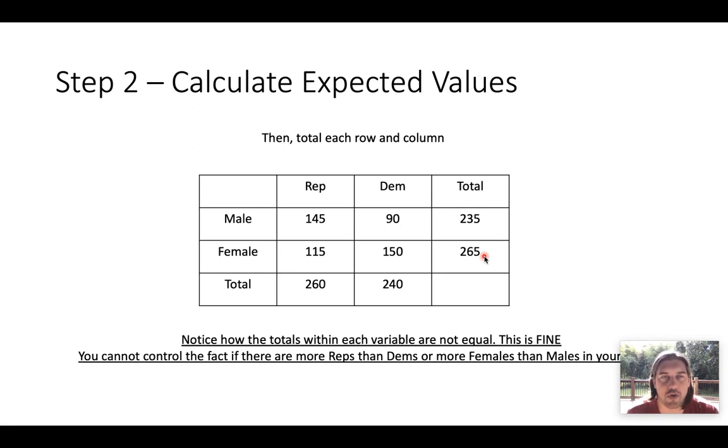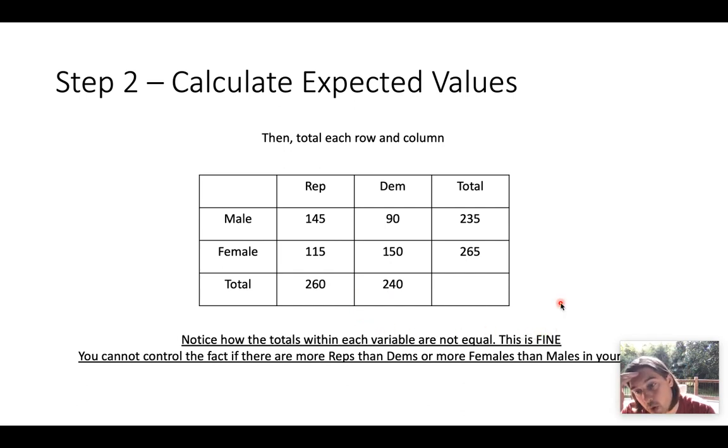And so you can't dictate that there are equal numbers of Republicans and Democrats. And you could potentially dictate whether you have equal numbers of males or females, but we didn't here. We just want to randomly sample. And so we ended up with an unequal number of males and females as well. Perfectly fine. These totals do not have to be equal within each of our categories.